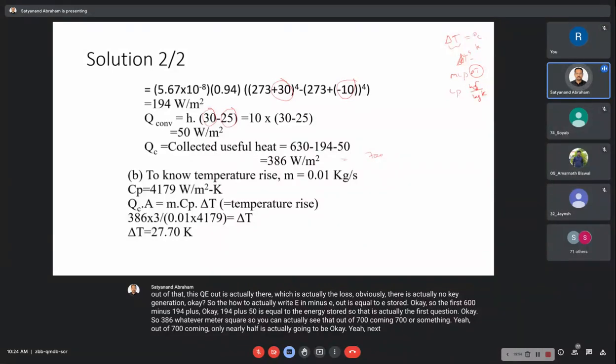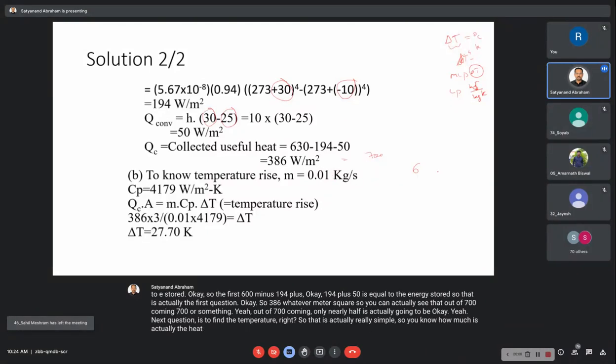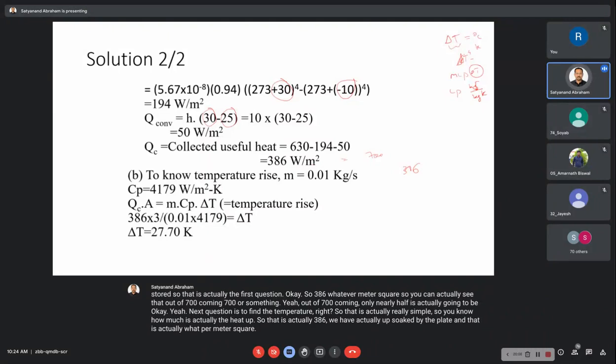Next question is to find the temperature rise. That is very simple. You know how much heat is absorbed: 386 watt per meter square, absorbed by the plate. What is the total? Into area. Area is given as 3 meter square.